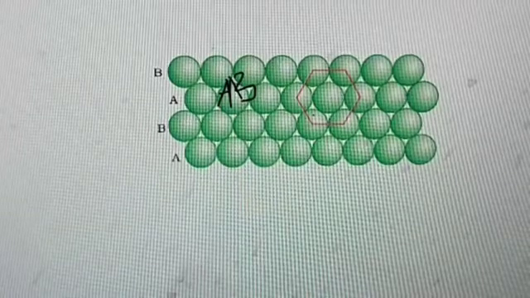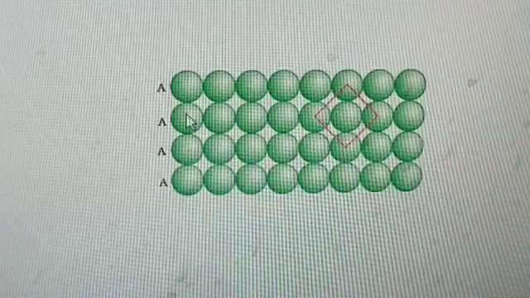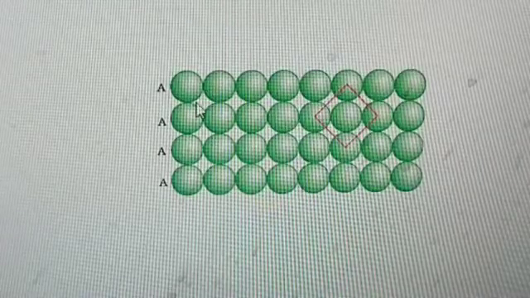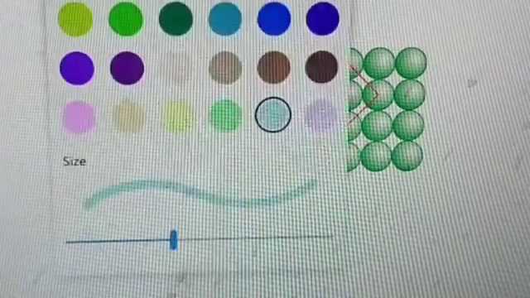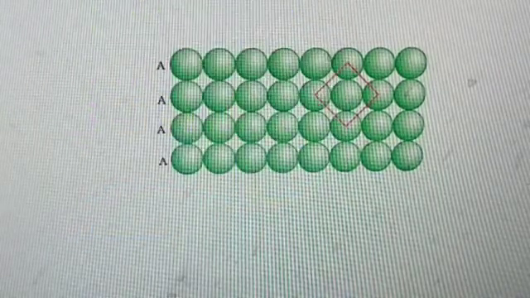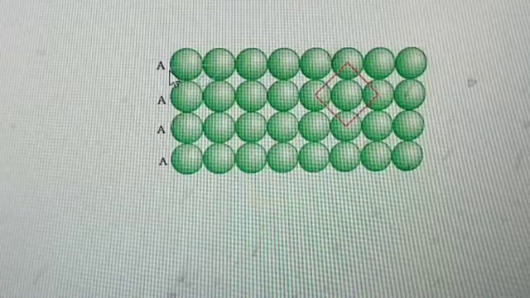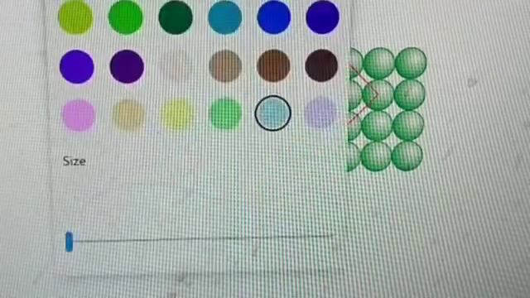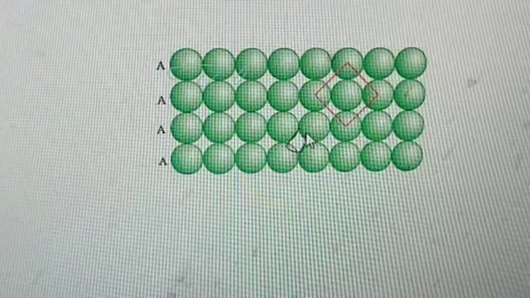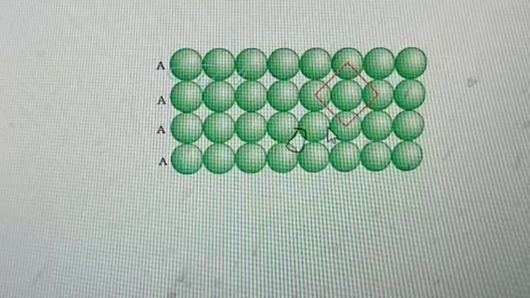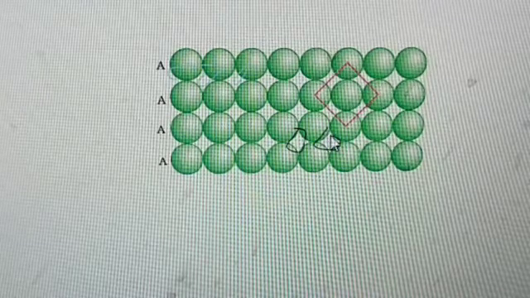Because in the AA arrangement, if we see, there is a lot more gap. See here, this is a gap, and this is a gap. This gap is there, no? You can clearly see this gap here.